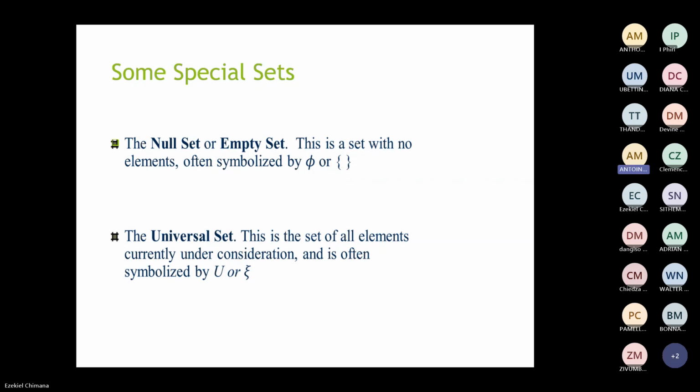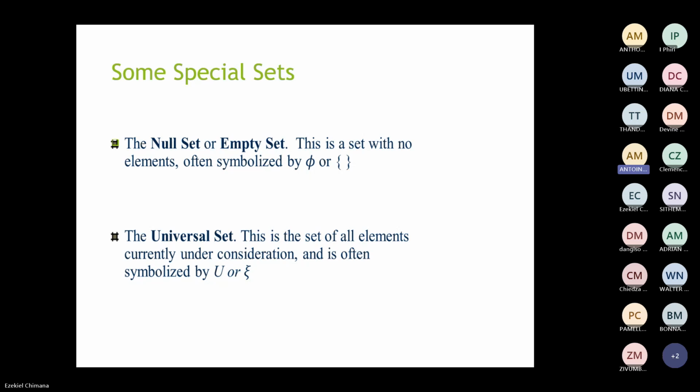Some special sets. The null set or empty set is a set with no elements, often symbolized by that symbol which looks like a zero with a line through it, or those brackets which are empty inside.